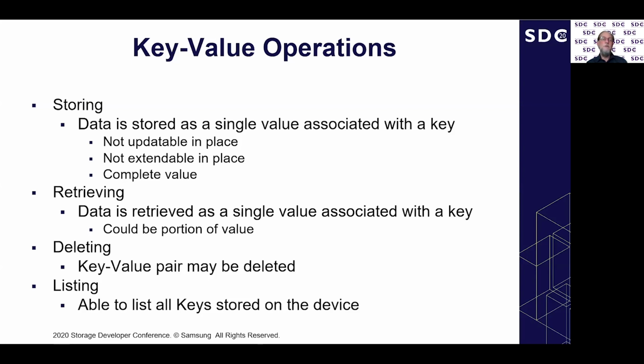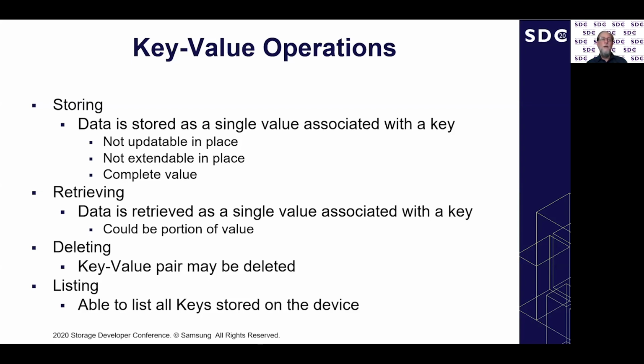One of the questions that comes up is, what is the atomicity of a key value pair? Because the key value pair is writing a complete value, it is atomic to that key value pair. It does not require that you maintain a log of what you're doing in order to be able to recover.